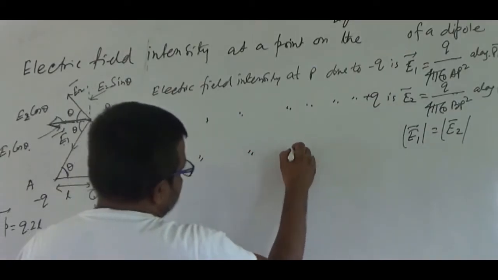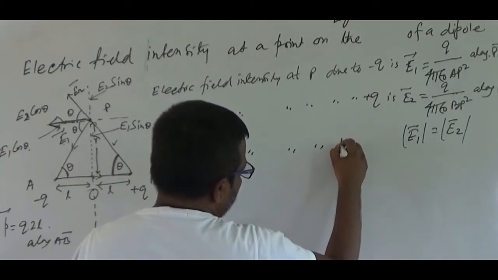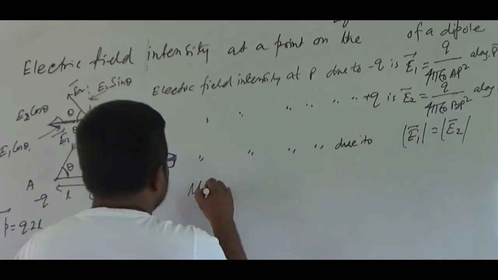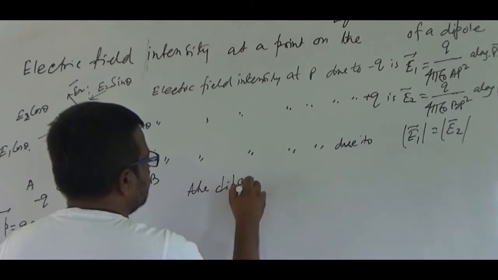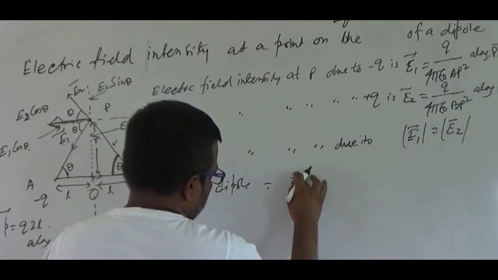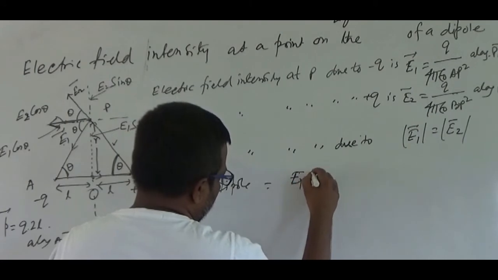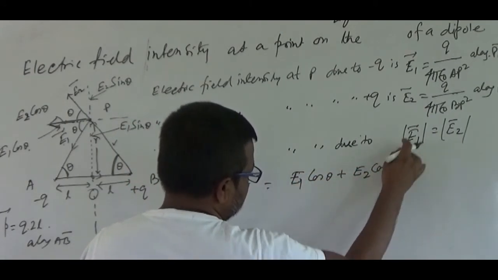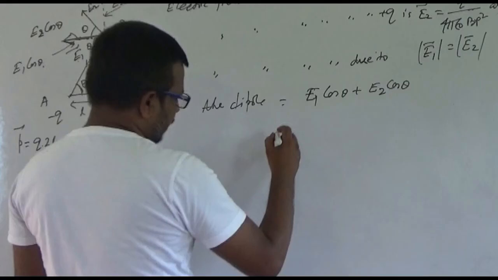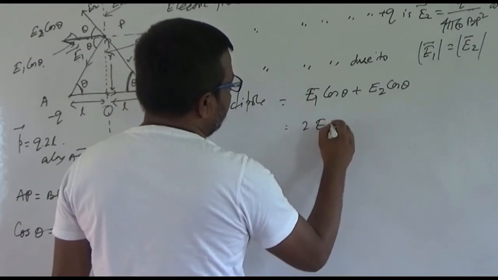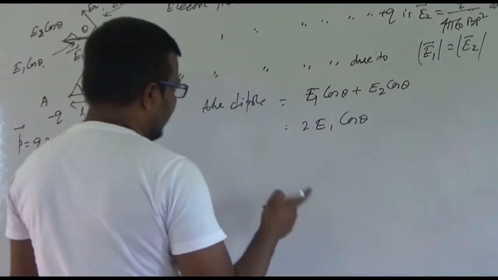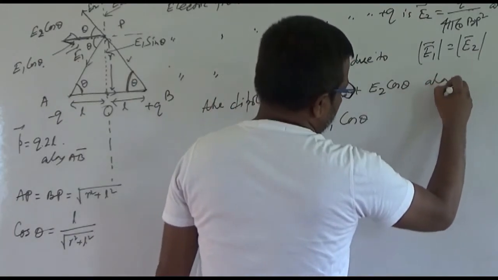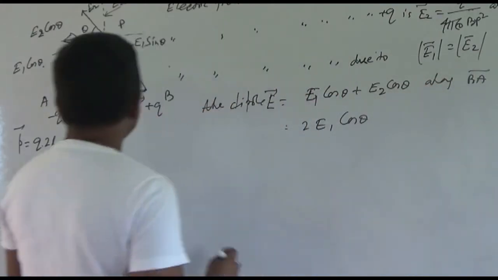Electric field intensity at P due to the dipole is equal to E1 cos theta plus E2 cos theta. Since the magnitudes of E1 and E2 are the same, we can write 2 E1 cos theta, along the BA vector.